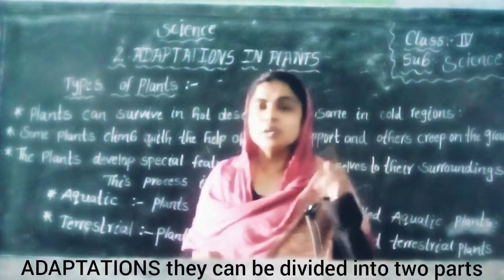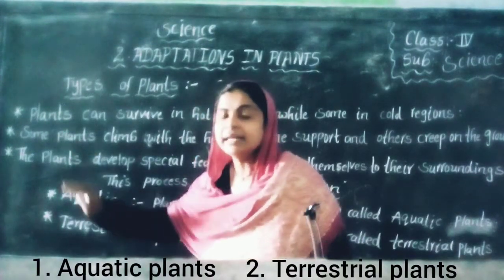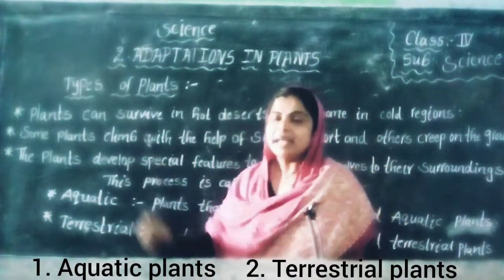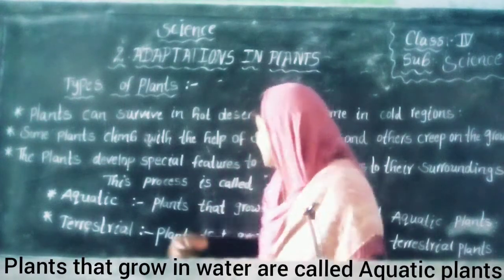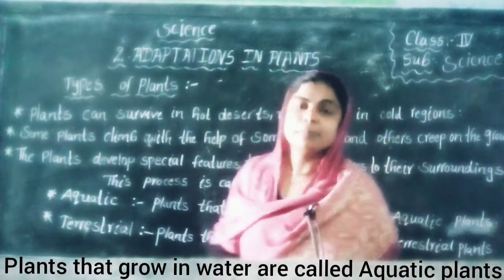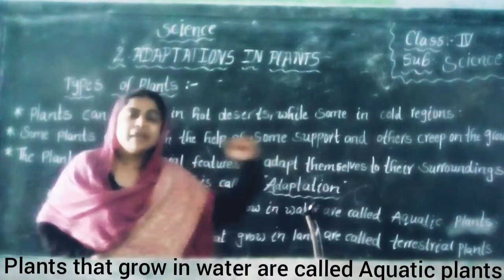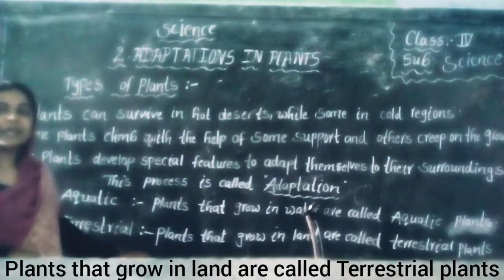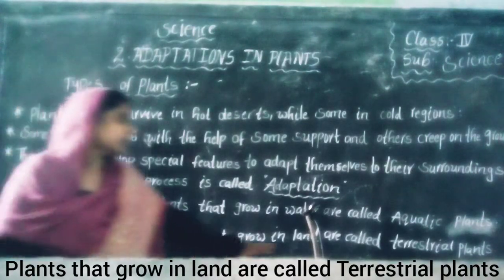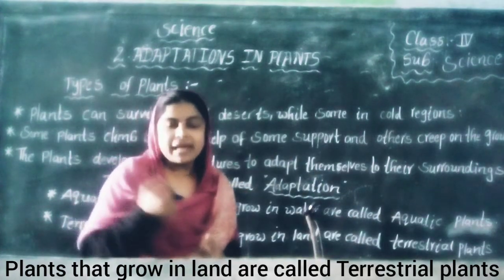Adaptation has two types: aquatic plants and terrestrial plants. Aquatic plants are plants that grow in water, and terrestrial plants are plants that grow on land.